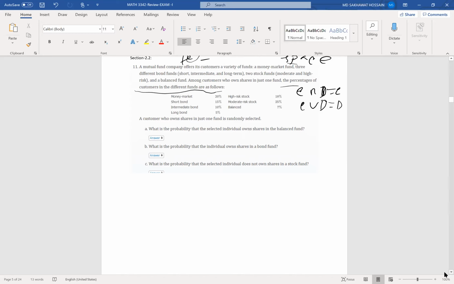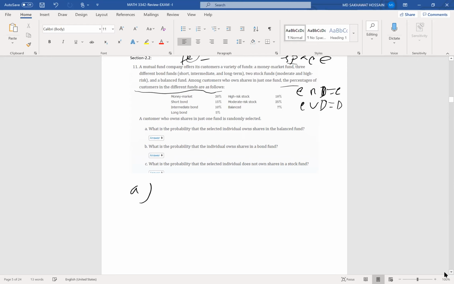Here we have the percentage of the fund of different investments. Now a customer who owns shares in just one fund is randomly selected. The question is, what is the probability that the selected individual owns shares in the balanced fund?